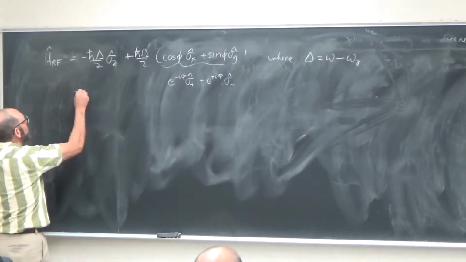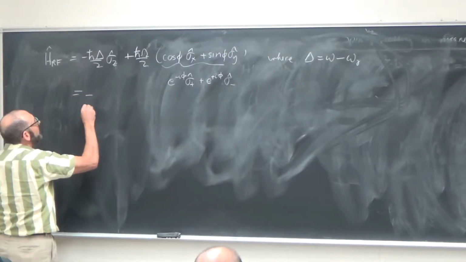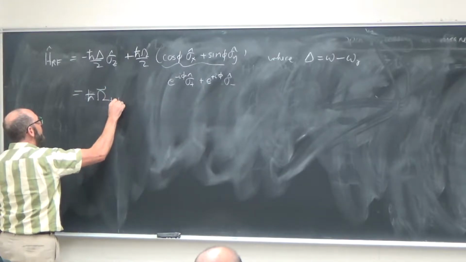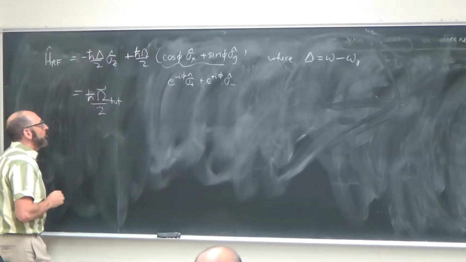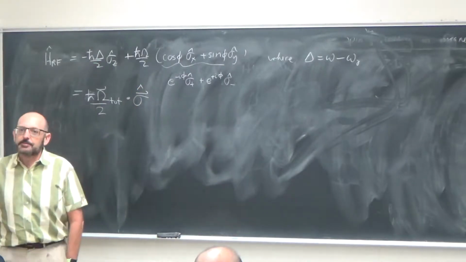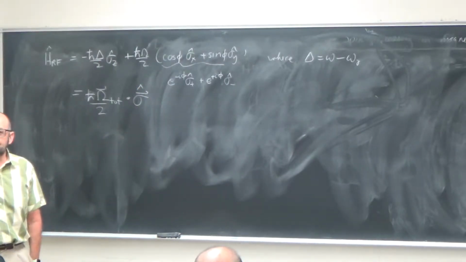So this Hamiltonian has the form of h bar times some total Rabi frequency vector, or Larmor vector, dotted into the vector of Pauli matrices. Right?